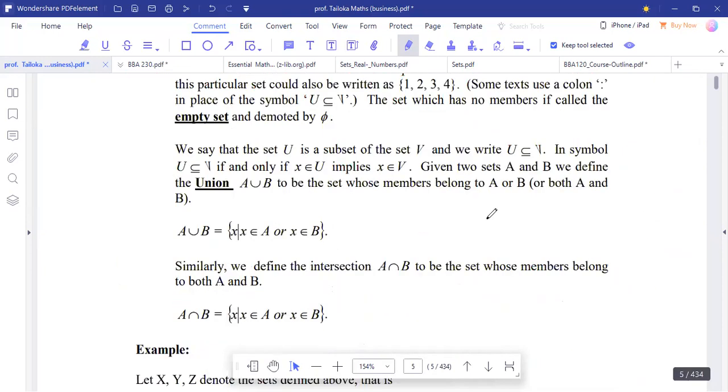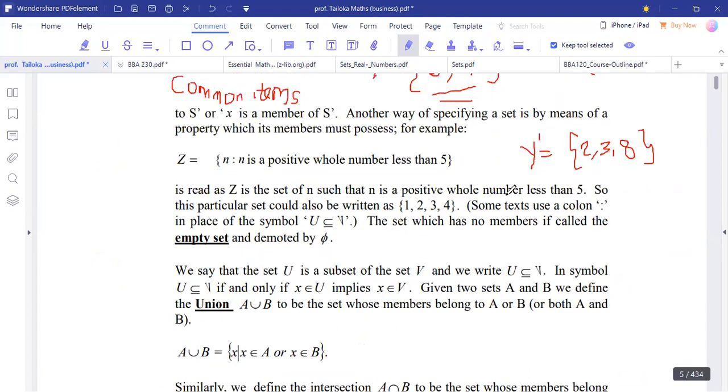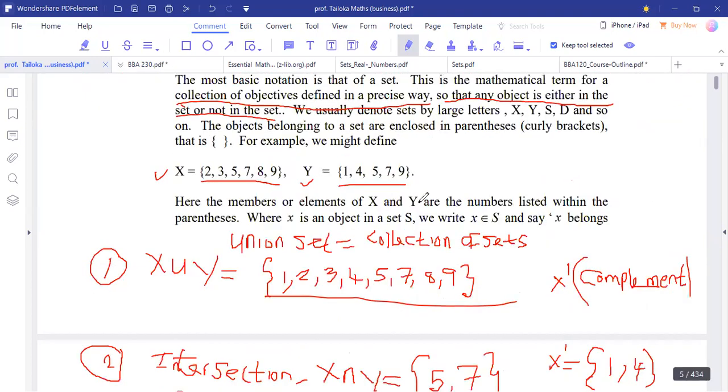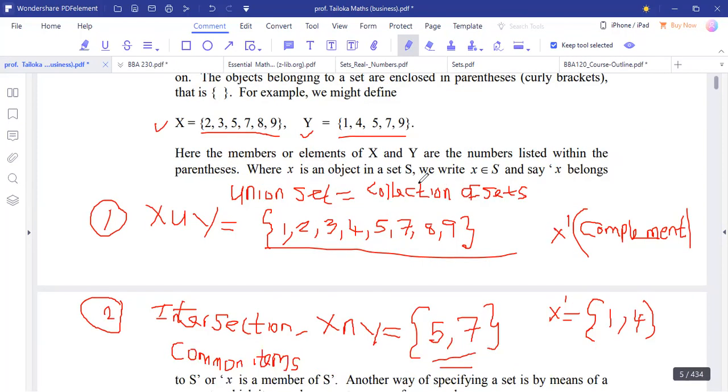Now we can present this information in a Venn diagram.